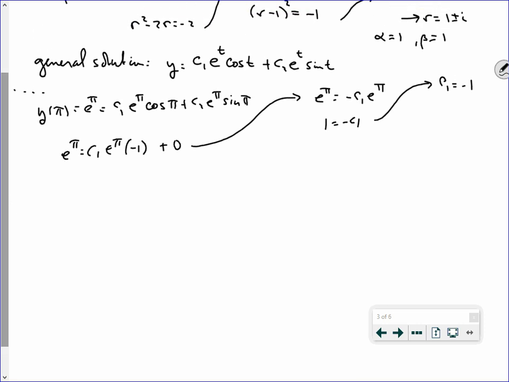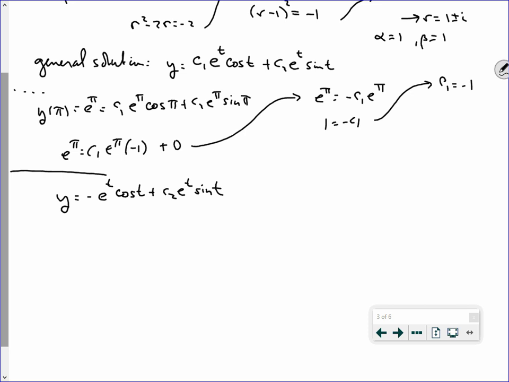Okay, so that means our function looks like negative e to the t cosine t plus c2 e to the t sine t.